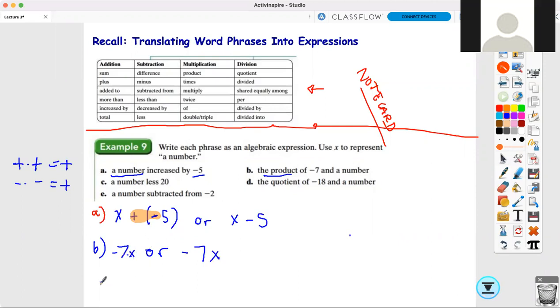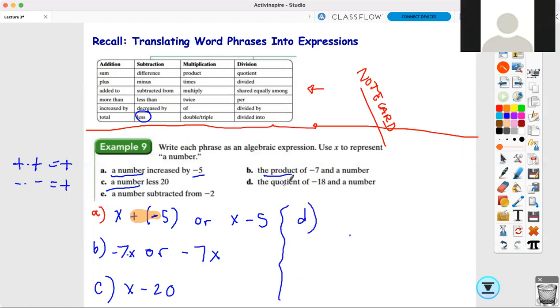So they mean the same thing. C, a number less 20. Since it starts with a number, what letter? X. But it's less 20, so what operation is less? Minus. So minus 20. So we're done with C.